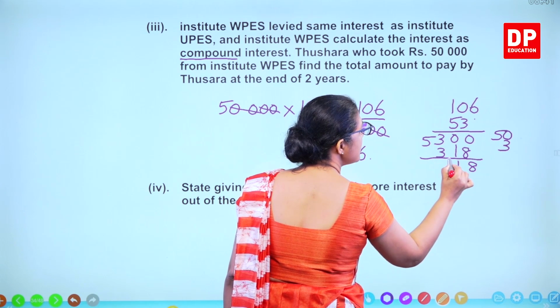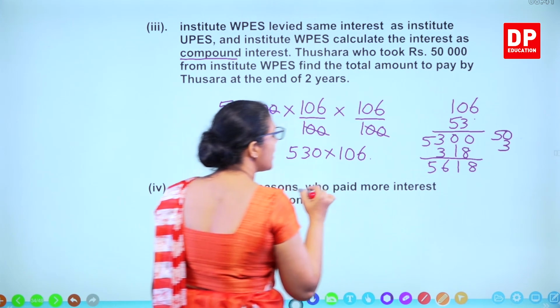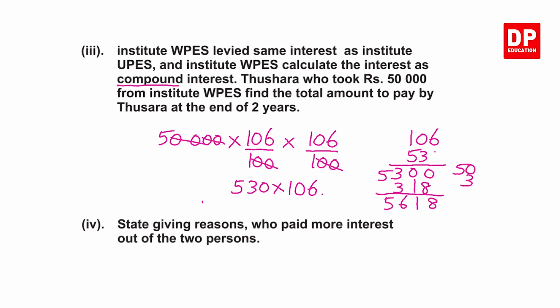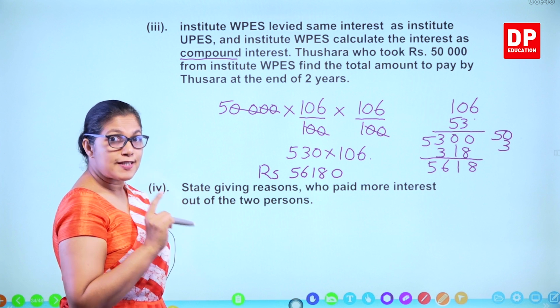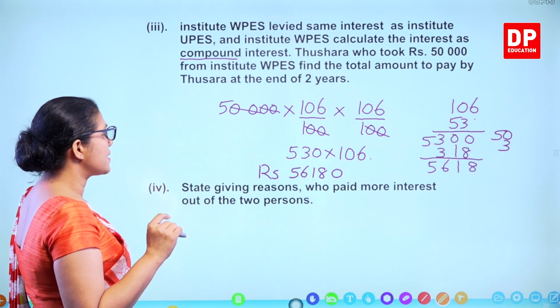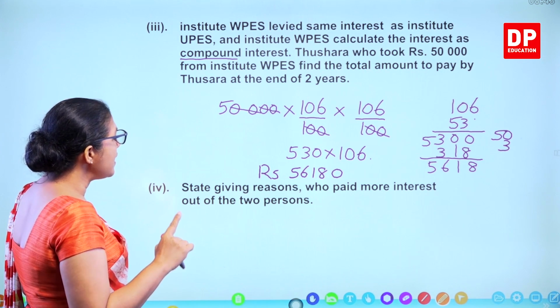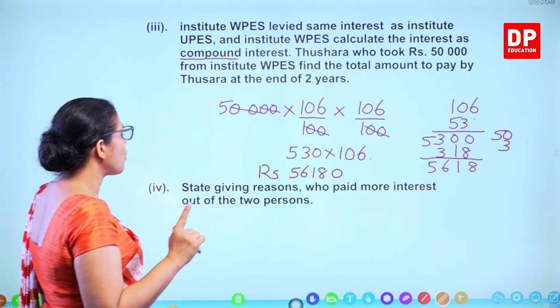So when you add it, you get 5,000. You need to put a 0 because we are multiplying by 530. So what's the value? 56180. So Tushara needs to pay 56,180 rupees.